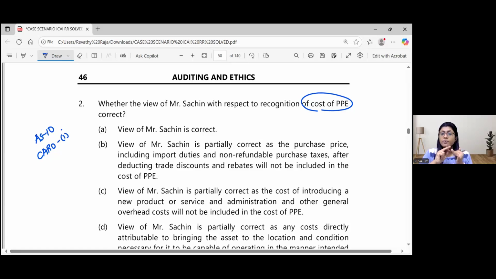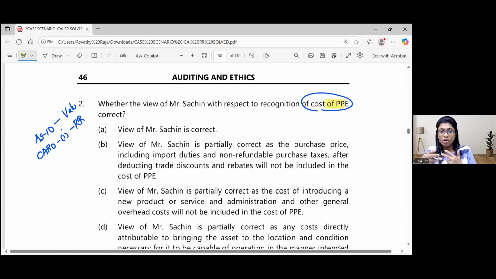CARO comes when it is a reporting requirement of the auditor, whereas AS comes when it is valuation or cost of PPE. Here they have asked about cost.